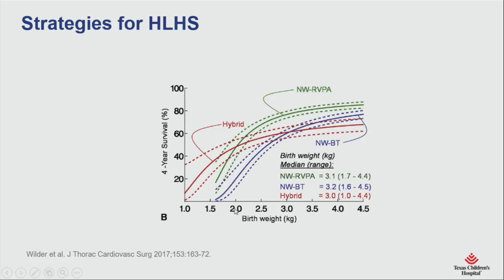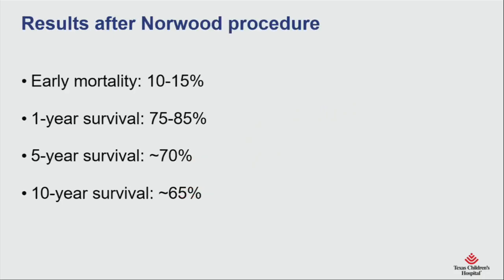That being said, when you get below 2 to 2.5 kilos, then the hybrids probably have better survival than both other strategies. So if you have a 1.5 or 2 kilo hypoplast, this may be a good population to use a hybrid procedure on, based on this data.